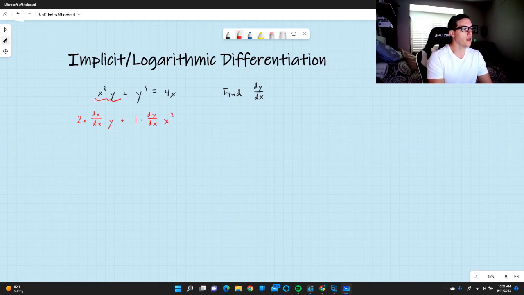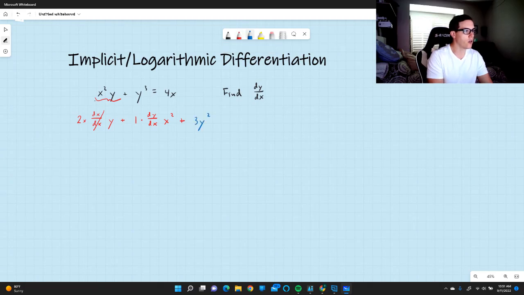So anytime you take the derivative of a variable when you are doing implicit differentiation, you always have to include the derivative of that variable with respect to the variable you're taking the derivative of, which is a little confusing. But in other words, if you see y's, you need to include dy dx. If you see x's, you don't technically need to include this because it's just 1. So plus, then we will take the derivative of y cubed, which is 3y squared.